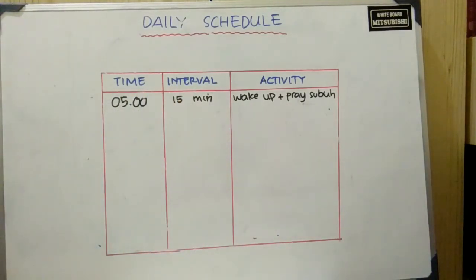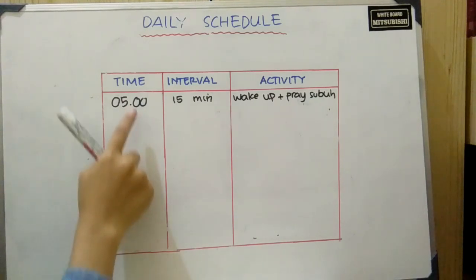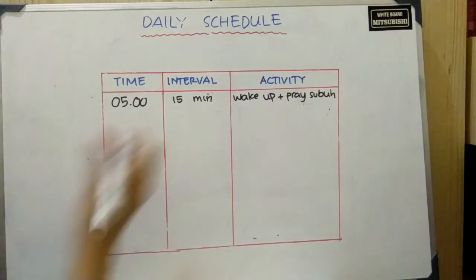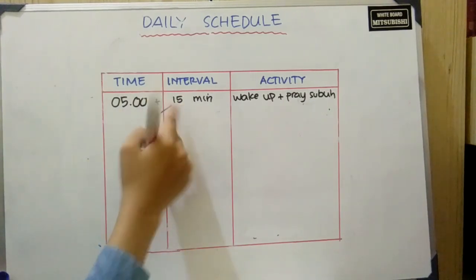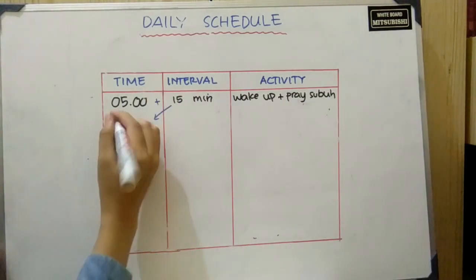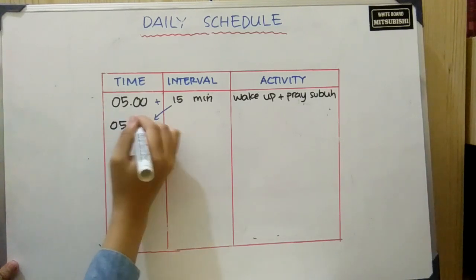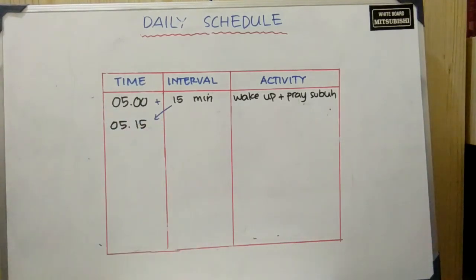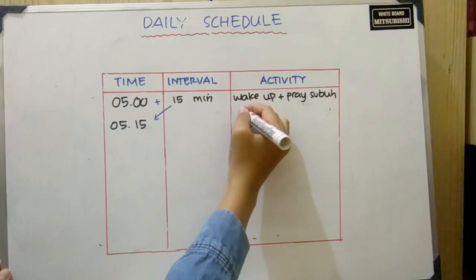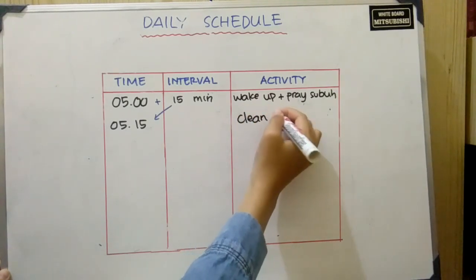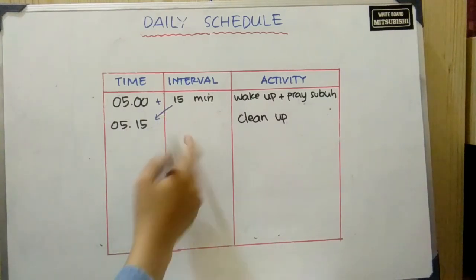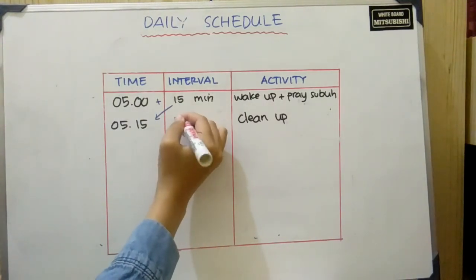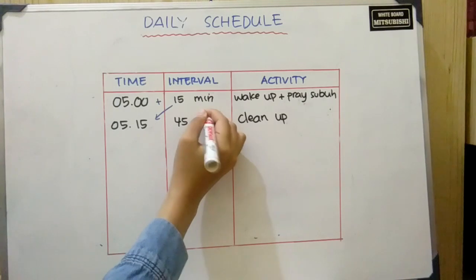Next, for the second activity, we can start 15 minutes after 5 o'clock. So 5 o'clock plus 15 minutes. So we start at 5:15 for the next activity, that is cleanup. We estimate the cleanup may be 45 minutes.